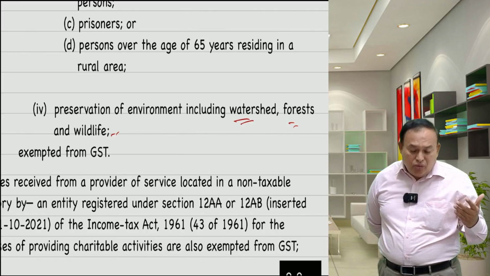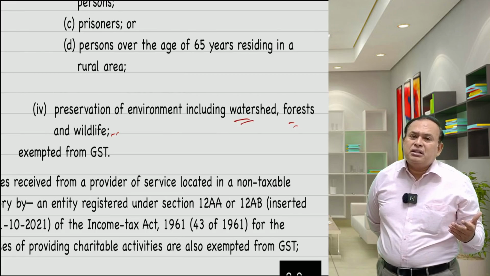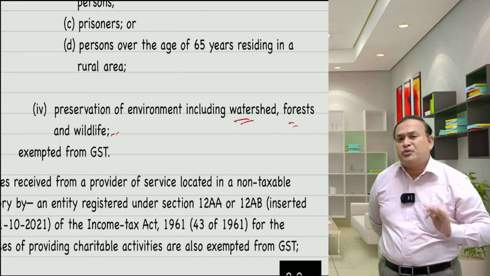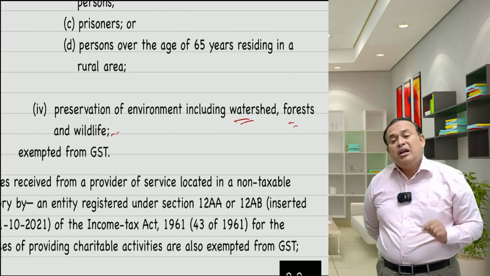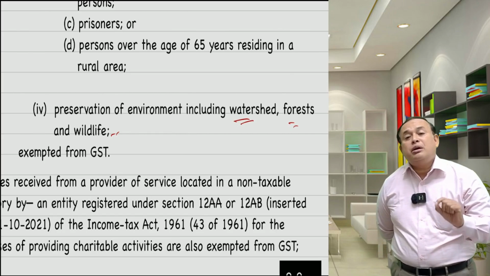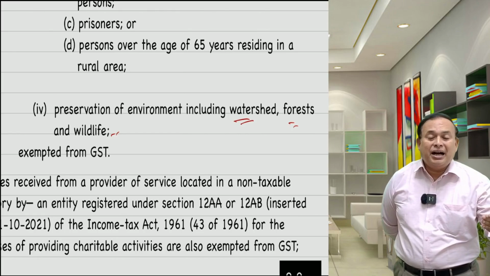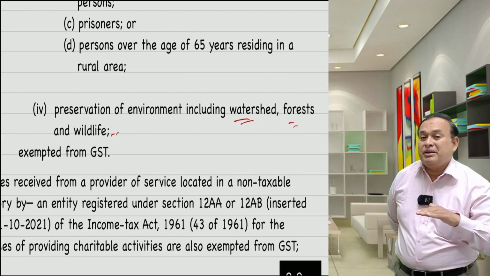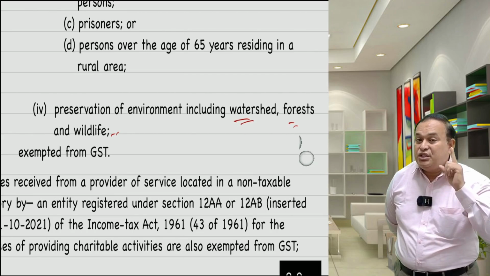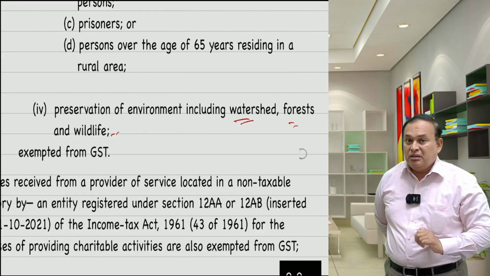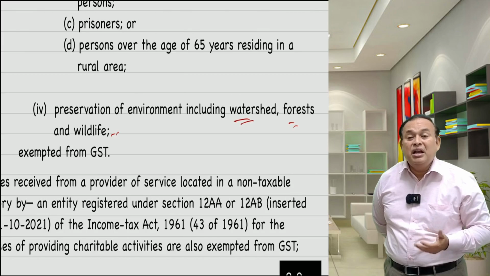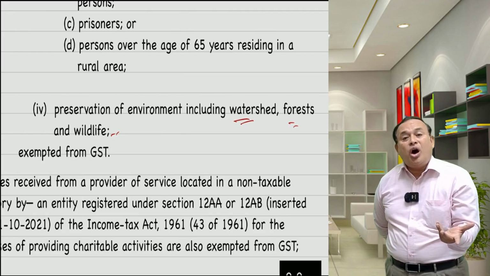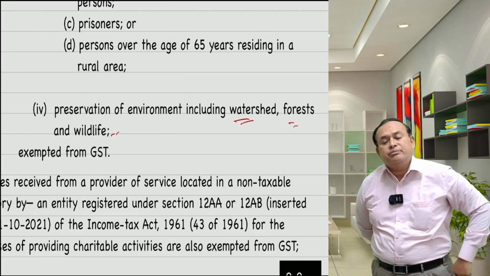Or providing clean and green of forest, security services to the forest, offered by whom? A charitable entity already registered under Section 12A or 12AB, then it qualifies for exemption. If a charitable institution is not registered under Section 12A or 12AB, or the recognition is denied by the income tax, as the case may be, and offers these services, it will attract GST.